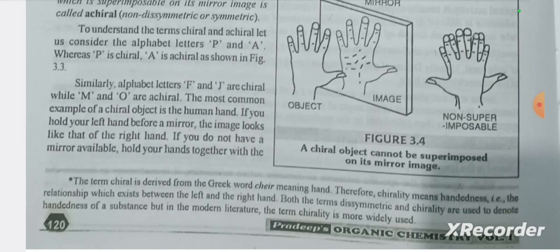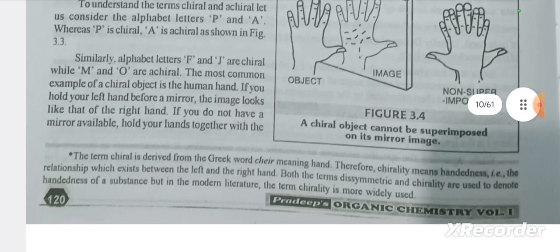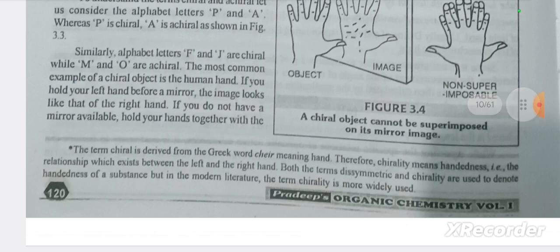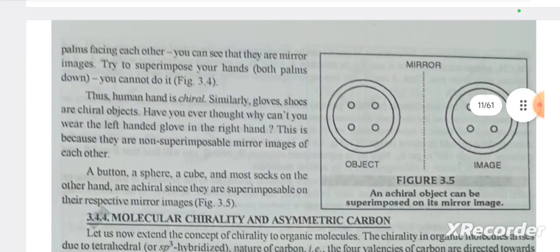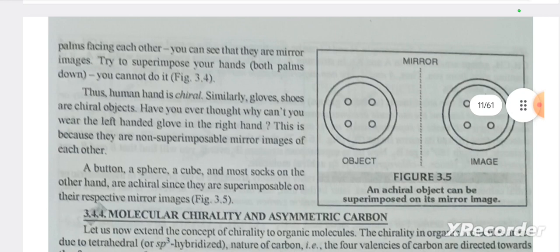The most common example of a chiral object is the human hand. If you hold your left hand before a mirror, the image looks like your right hand. If you do not have a mirror available, hold your hands together with the palms facing each other. You can see that they are mirror images. Try to superimpose your hands, one on the other.